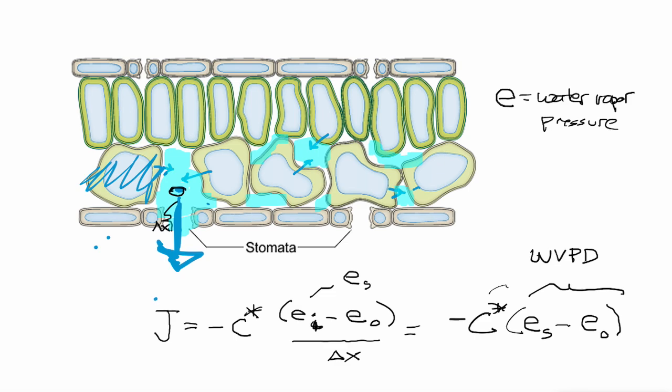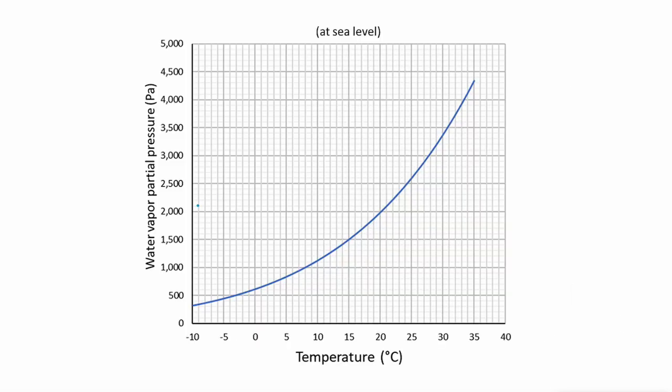Now we can look at that water vapor pressure gradient on the same diagram we've used here in the past to look at the saturation curve for water vapor as a function of temperature. Here's a graph you've seen before. I'm graphing the water vapor pressure on the y-axis in pascals. The blue line represents the level of saturation, the saturation water vapor pressure as a function of temperature.